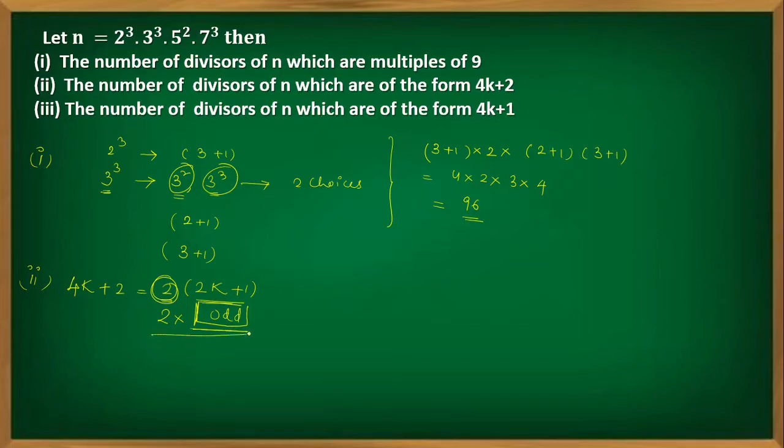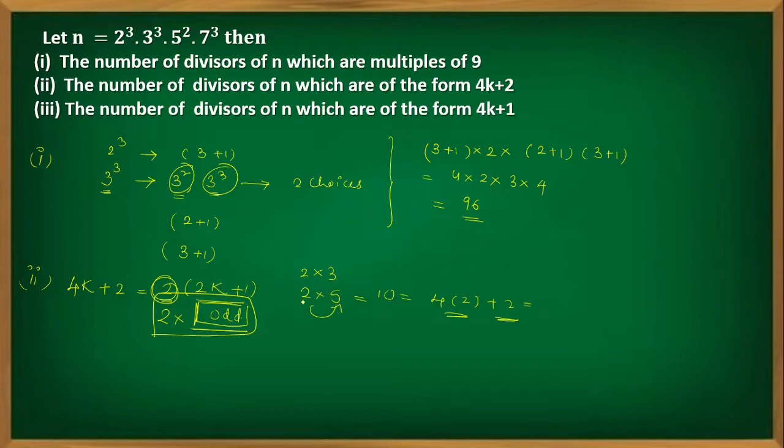So these types of divisors we want, which are of the form 2 into odd. Like 2 into 3 is one of the divisors, or 2 into 5, which is 10. 10 is what? 4 twos is 8 plus 2, which is again 10. So 4k plus 2 form, 2 into 5.